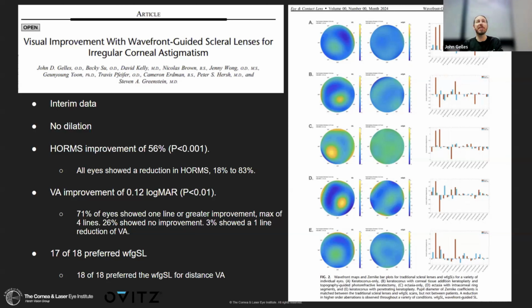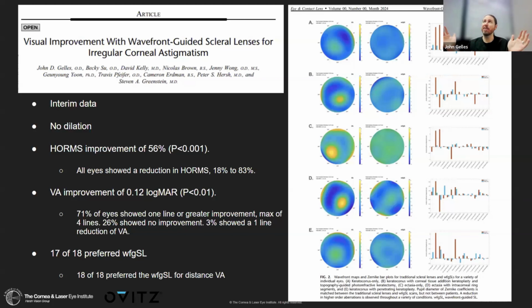What we also saw was that there was about a line and a half improvement in visual acuity. Now, the thing that was interesting about this was about 71% of individuals showed 1 line or greater of visual acuity improvement, up to a max of about 4 lines. 26% showed no improvement in visual acuity, and 3% showed 1 line of reduction.